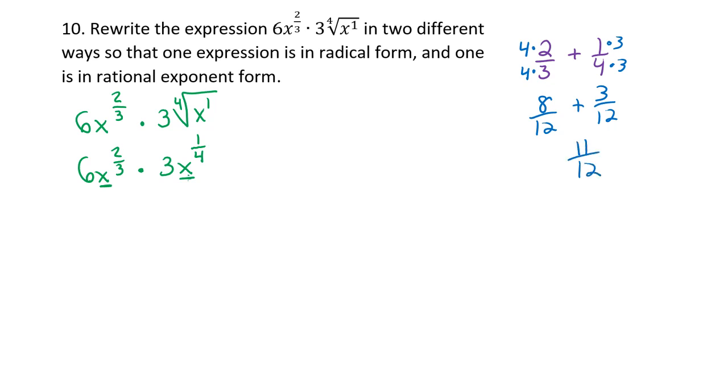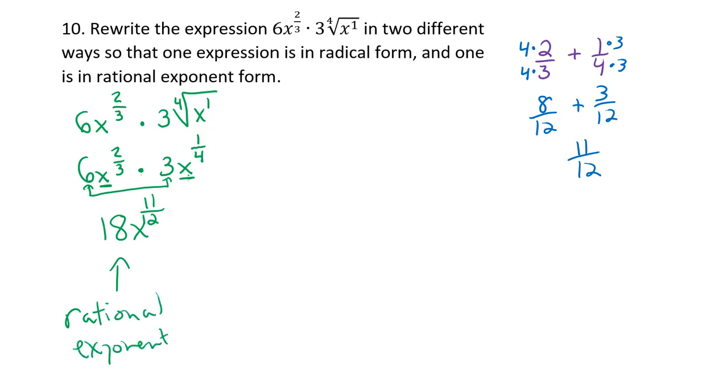So now I have x to the 11 over 12. And then I'm going to take the 3 and the 6 and multiply them together to get 18. And now I'm in rational exponent form.